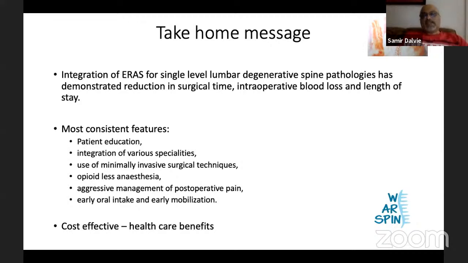He will have a community nurse visiting twice or thrice a day, doing pain management in the house. He will have a community physio who visits, and he will have access to the GP for pain management, etc. Whereas our patients are entirely dependent only on us. They want everything only from us. So even if the next day they don't go to the pot, they still want Dr. Samir Dalvi to solve that problem. So that is a slight difference, that their care in the community is well established.